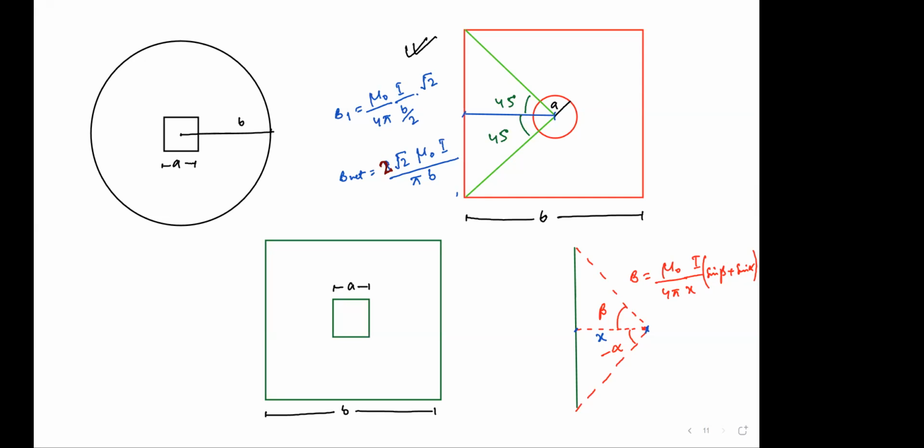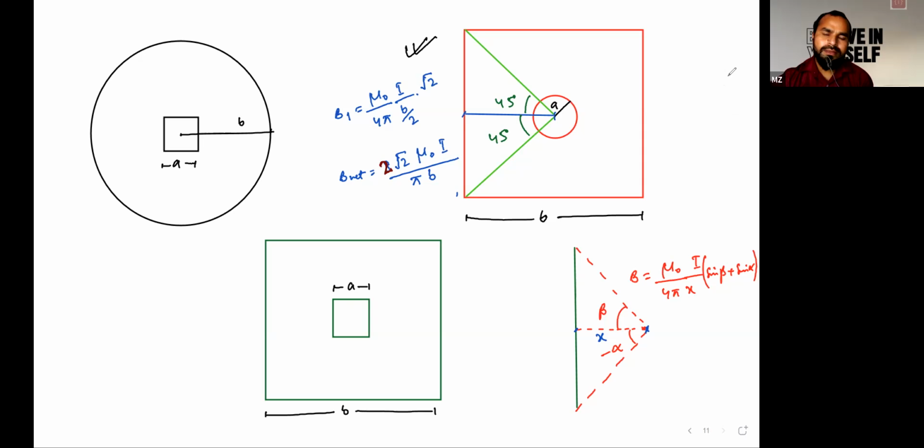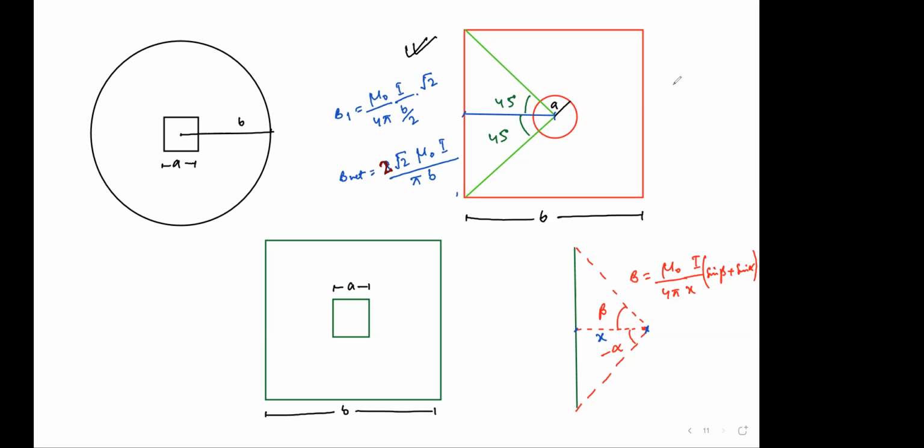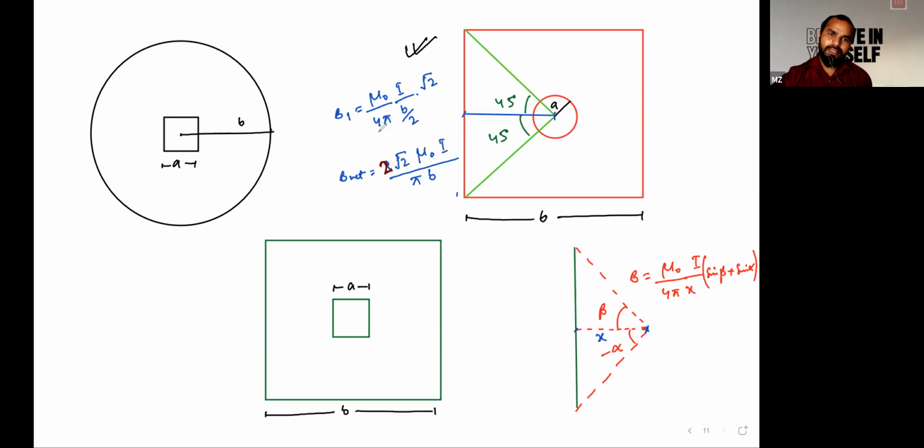So the 4, there should be 4 pi, right? Yes. Yeah, 4 and 4 would cancel out. It will be moved to the numerator, so it becomes 2 root 2.